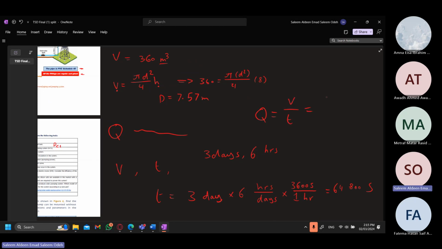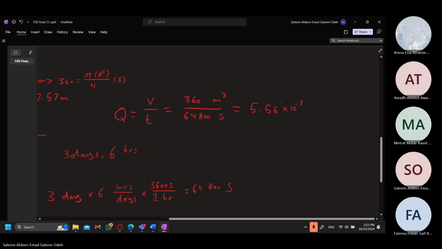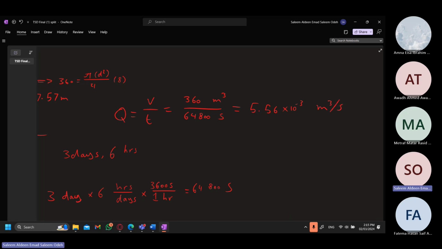Doing so, now we can calculate Q, the equation for it being volume over time. So now we have the volume as 360 meters cubed over 64,800 seconds, which will give us 5.56 times 10 to the power of negative 3 meters cubed per second. Now you might be confused with the times 10 to the negative 3, but it's fine.